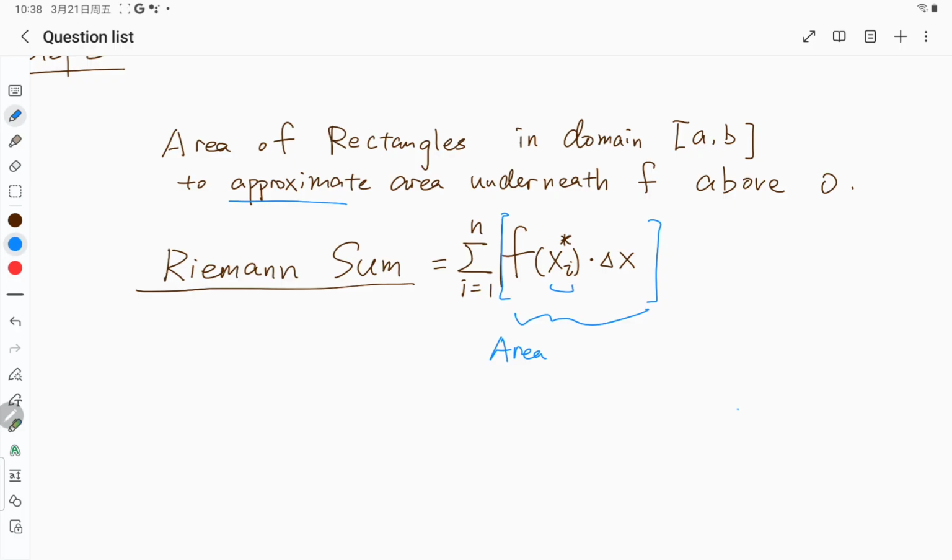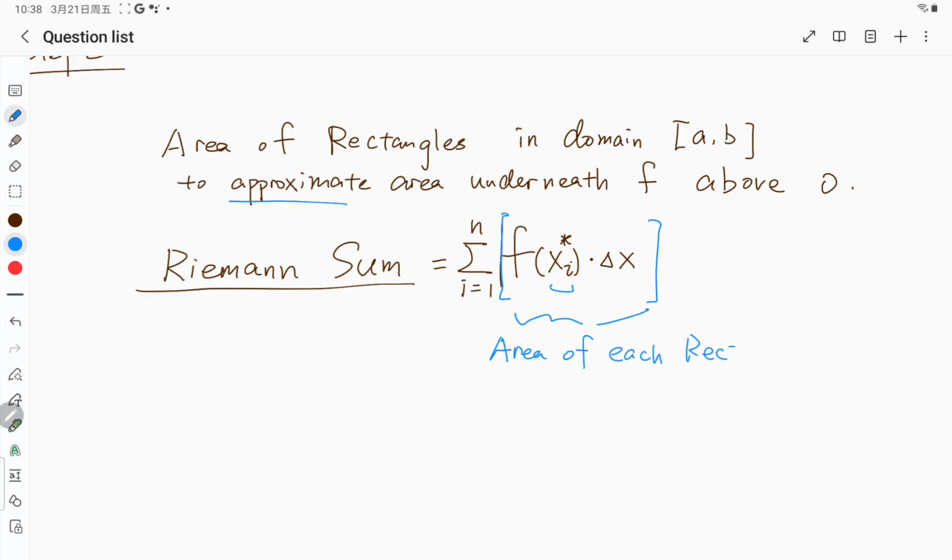But before that, I'm just going to make a remark. So this blue thing, the summation of n of this multiplication, each of these f(x_i) times delta x would be the area of each rectangle, okay?